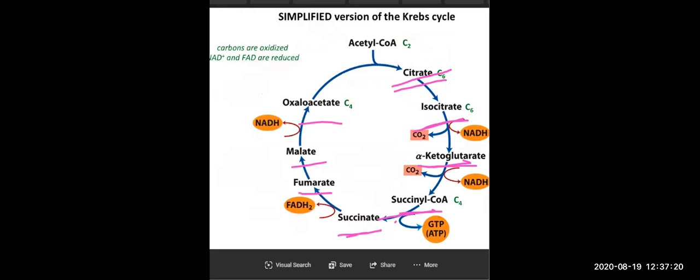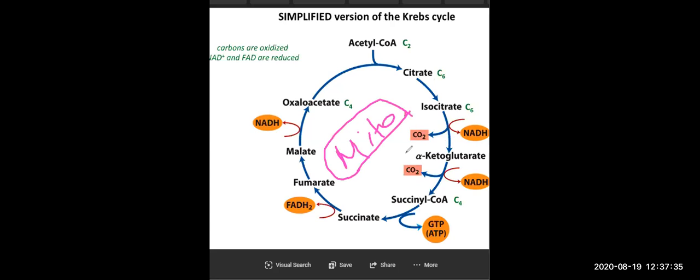So the things you are seeing here, this whole Krebs cycle, this TCA cycle, goes in the mitochondria. In the first lecture, I told you that you have to remember all the energy cycles that give you ATPs and NADPs go in the mitochondria. The Krebs cycle is going inside the mitochondria.